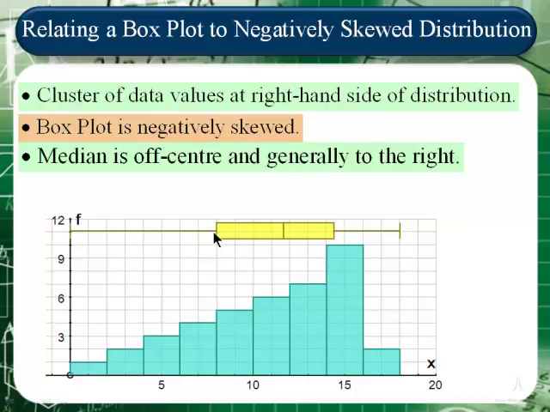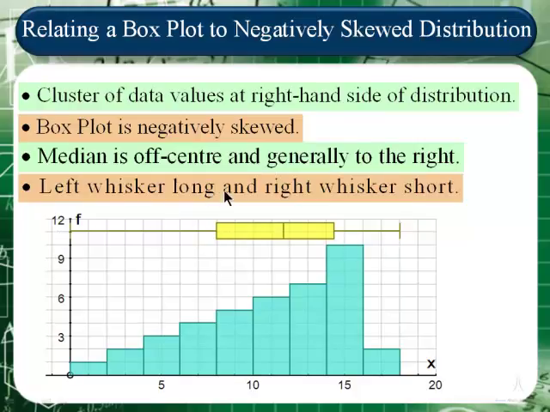The values between the minimum and Q1 are also more spread, while the values between Q3 and the maximum are more clustered. So an indication of that is the long left whisker and the shorter right whisker.